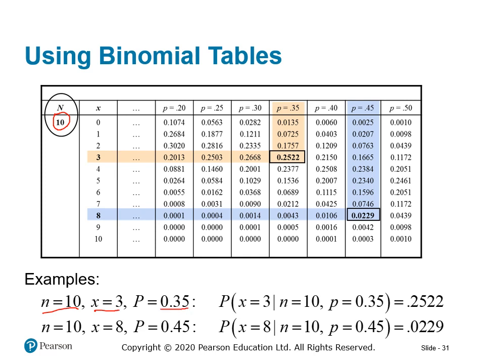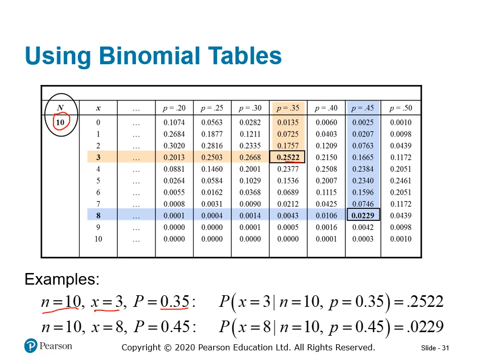So x being 3 and n trials with the probability of 0.35 gives me 0.2522, or basically 0.25.